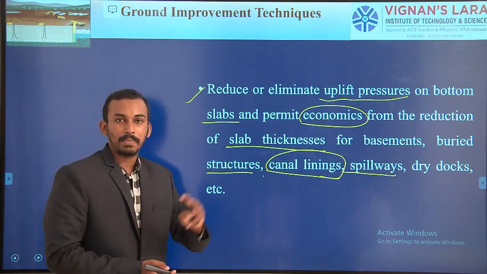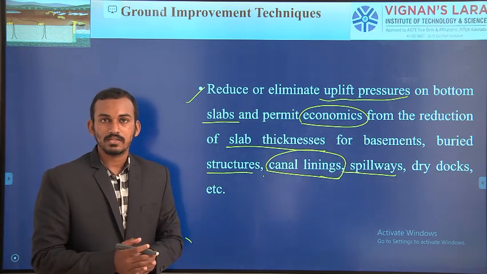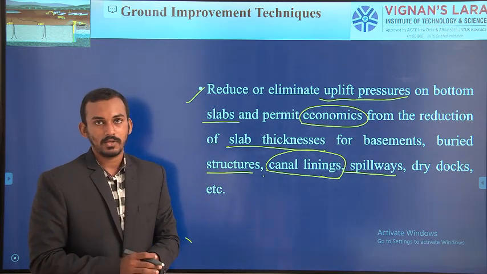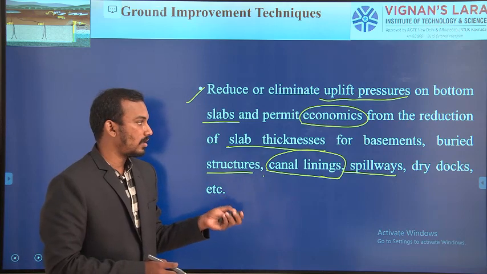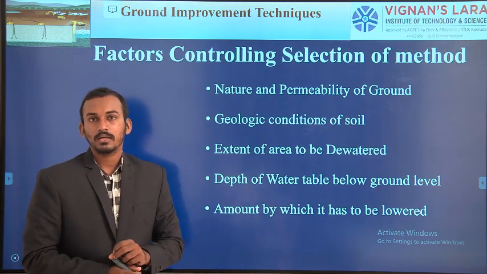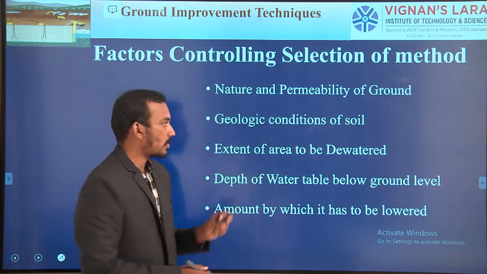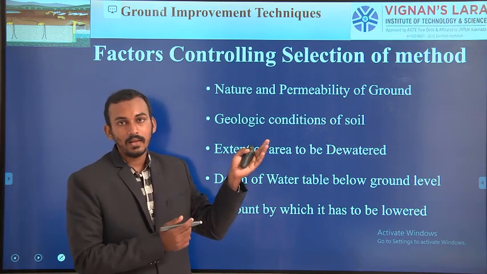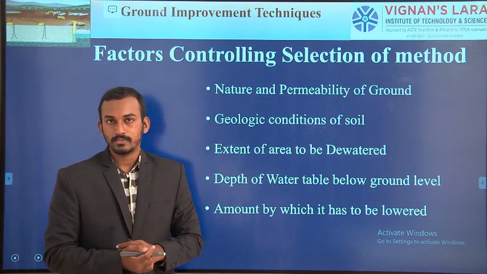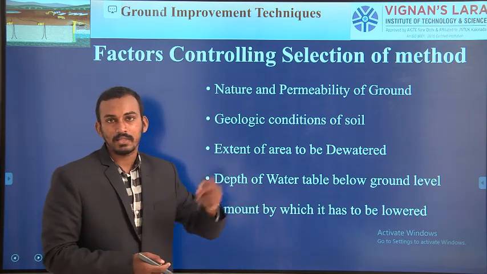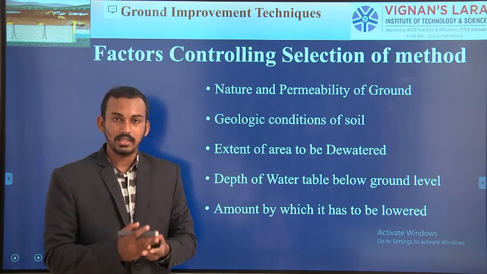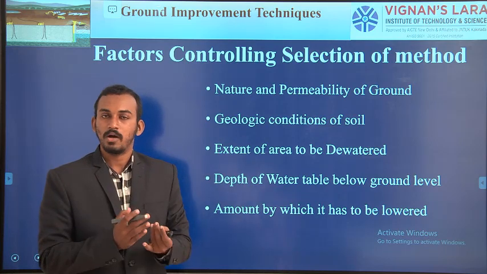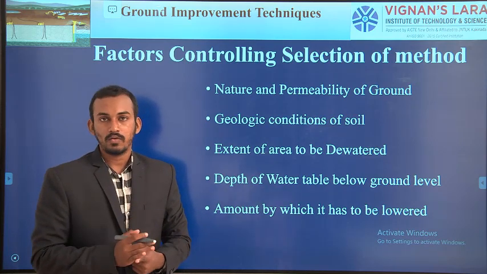Okay. So these are the purposes during the construction stage and post construction stage. Because of all these problems, we must use dewatering methods. Okay. So coming to the next one, what are the various factors controlling the selection of the method of dewatering? We have about five methods: sump ditches, single stage and multi-stage well point systems, horizontal wells and electroosmosis.